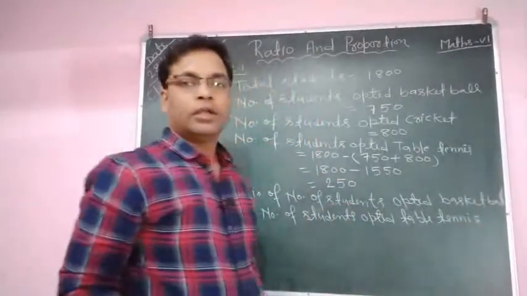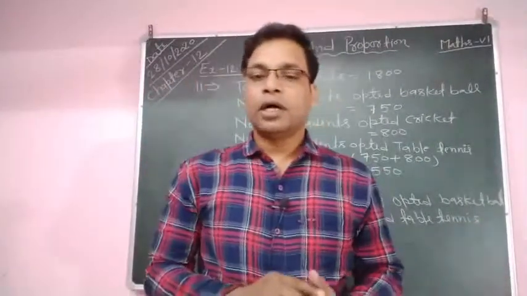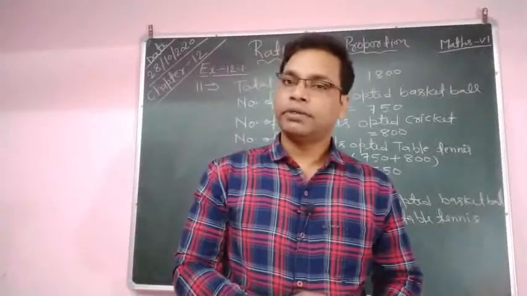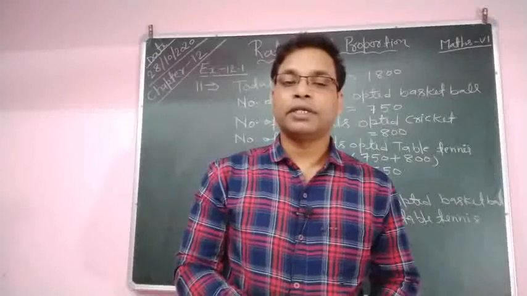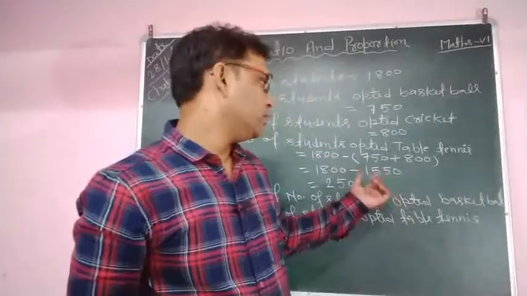Okay. So here, how many students opted basketball? 750. And how many students opted table tennis? You can see, you find 250.